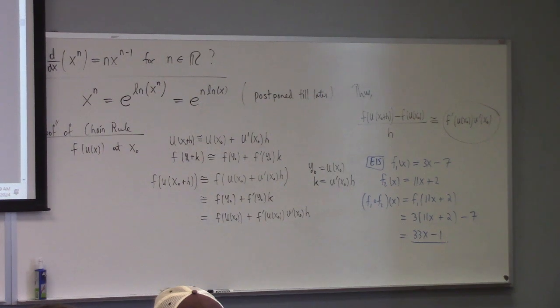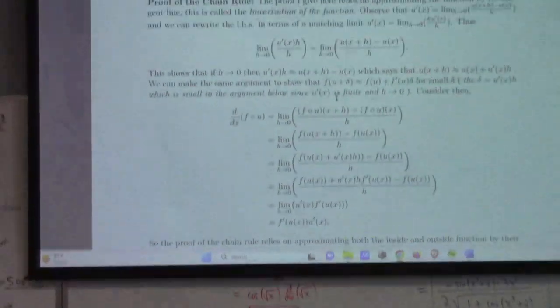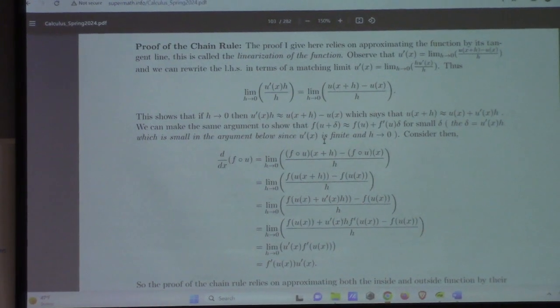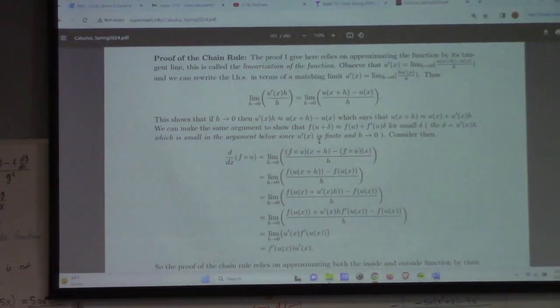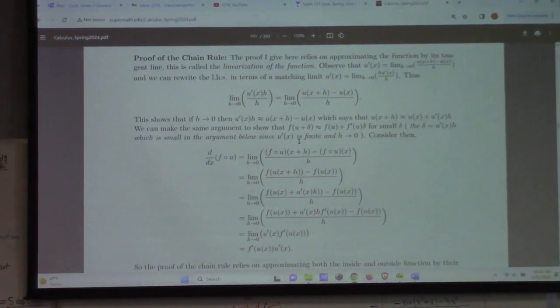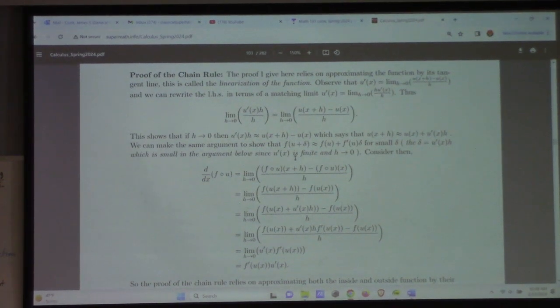So here's the first proof in my notes. It's essentially the same as the thing I just did on the board, just done a little bit more carefully, and that is to look at the difference quotient for the composite and to replace the inside function and the outside function with their tangent line approximations as a means of calculating the limit.